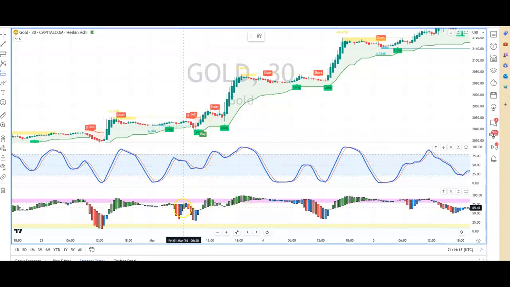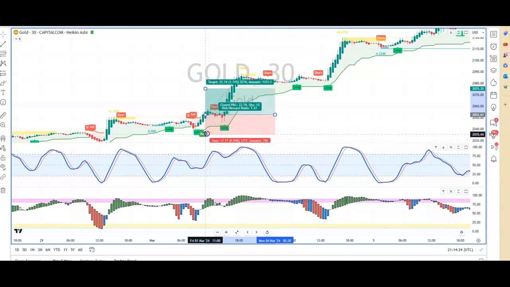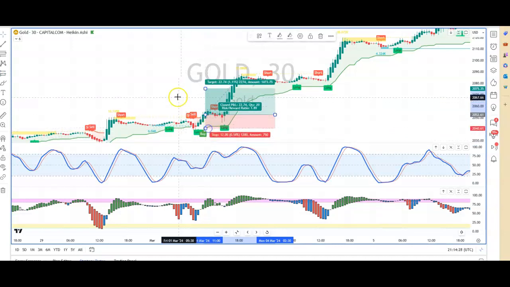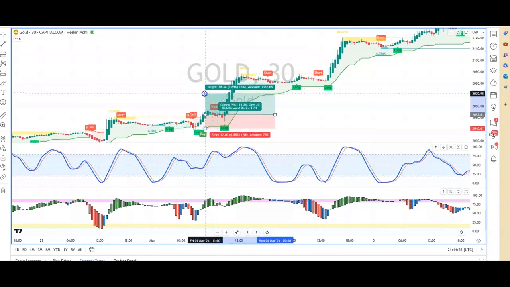The money flow didn't come in, but it did here. So there's your entry, say there. Your stop is just below that support line, so you've got a nice tight stop, and you're looking for 2 to 1. No more, no less than 2 to 1.